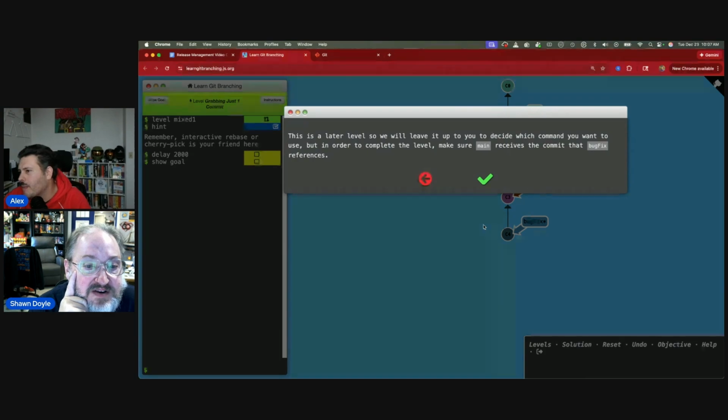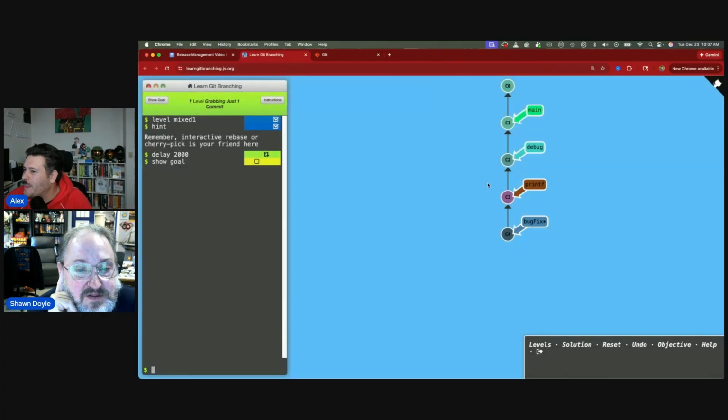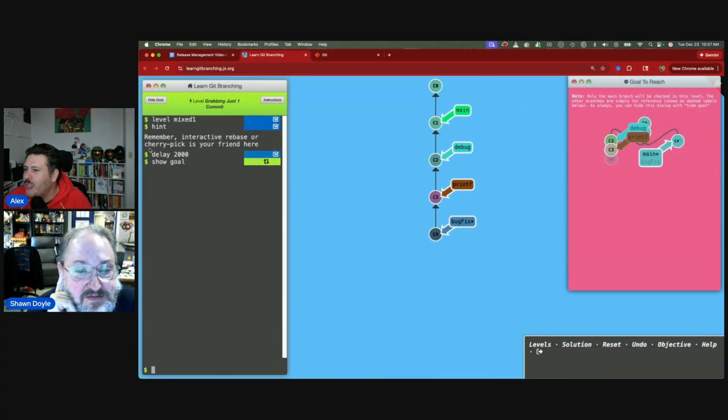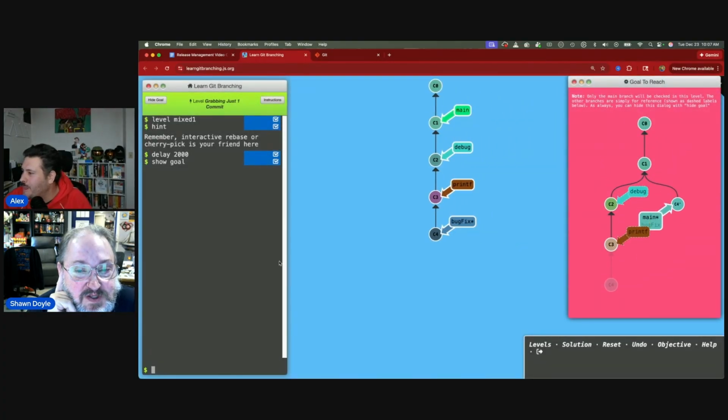This is a later level, so we'll leave it up to you to decide which commands you want. Oh, so we get to pick our own commands here. That's never a good thing. But in order to complete this level, make sure main receives the commit that bug fix references. Remember, rebase or cherry pick is your friend here.